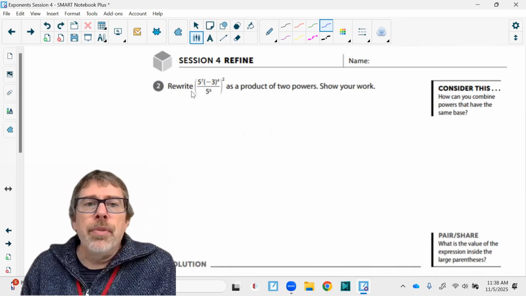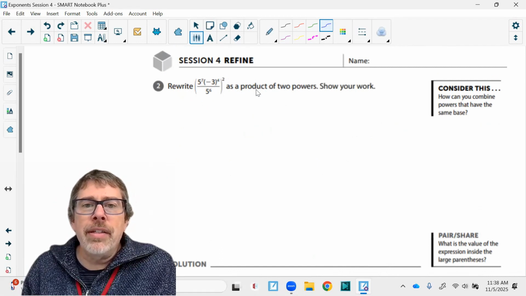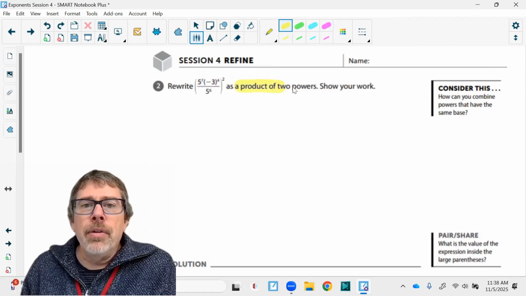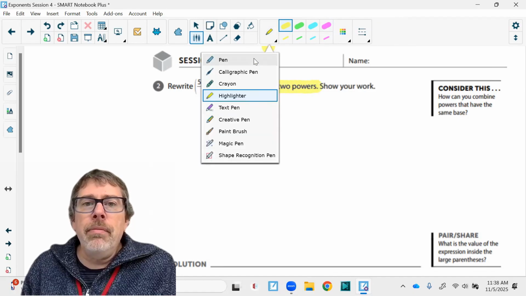Number 2, rewrite 5 to the 7 times -3 to the 4th power squared, all over 5 to the 6, as a product of two powers. Okay, so there we have it.